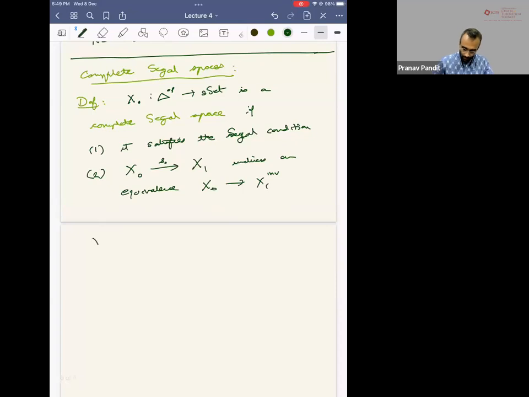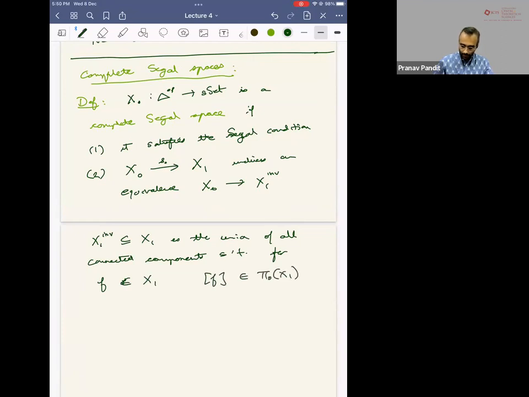So x1 invertible, contained in x1, is the union of all connected components such that for f belonging to x1, the equivalence class of f in pi naught of x1 is invertible as an arrow in the homotopy category, pi naught of x.